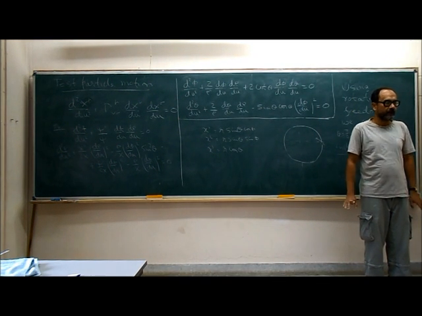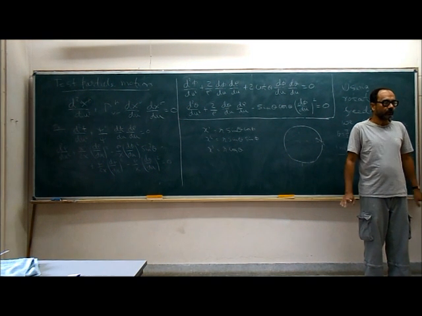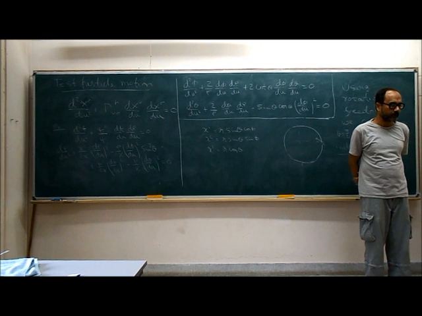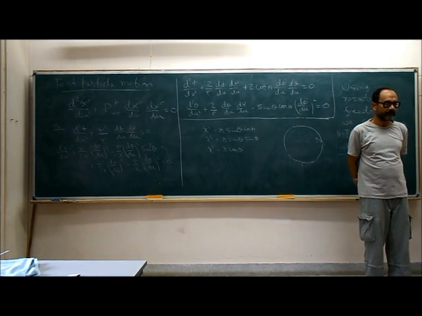Because if you think of this as a second order differential equation for theta, then once one solution is there, it is the only solution. So it will remain on that plane.